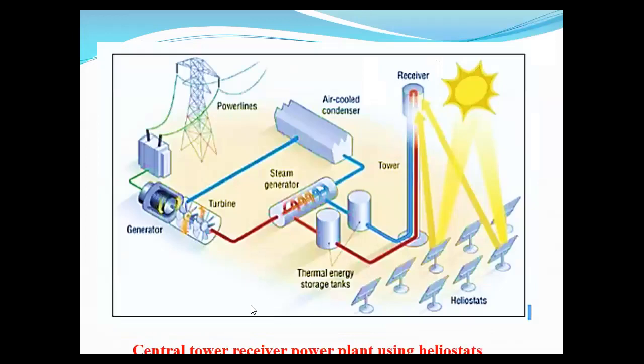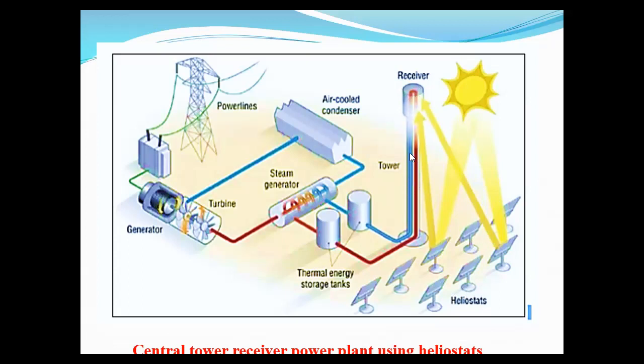So this is another picture of the same central tower receiver power plant. We have the sun radiation falling on the heliostats, which are around the tower, and the heliostats reflect solar energy on the receiver.